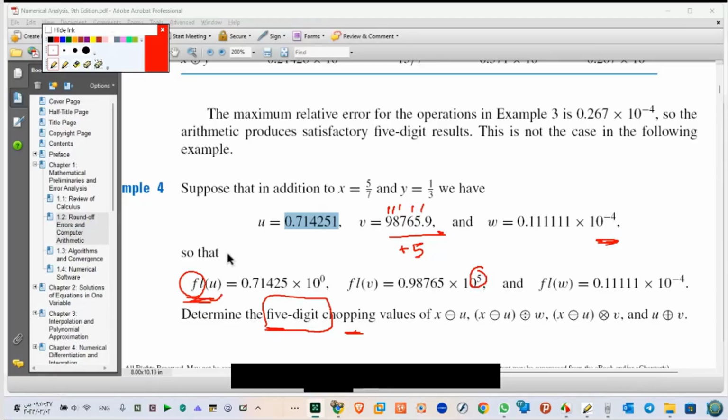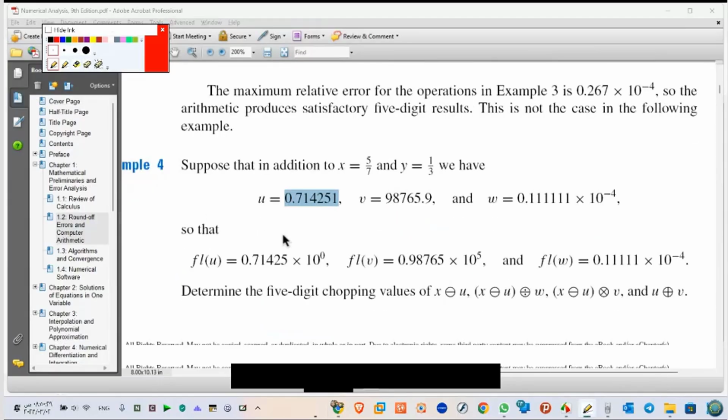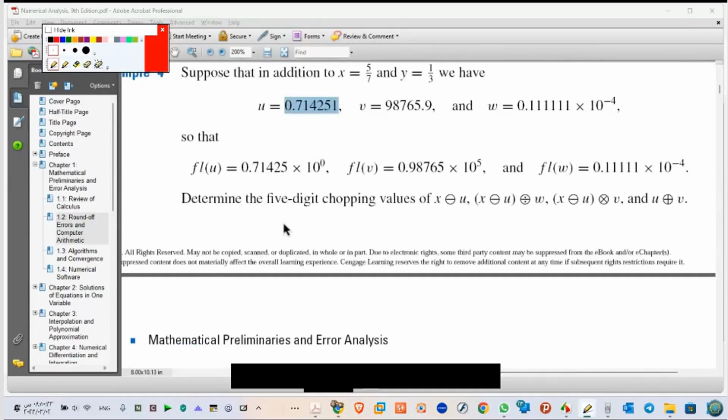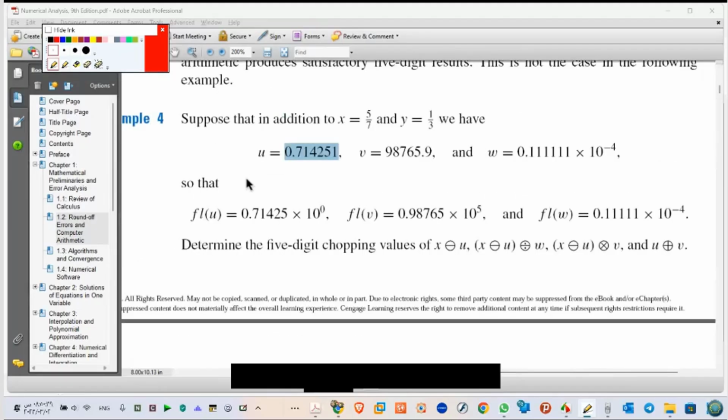Okay, now let's continue with this. See here, I calculate floating. Now, I need chopping. So chopping is 1, 2, 3, 4 for this, for example. 1, 2, 3, 4, 5.